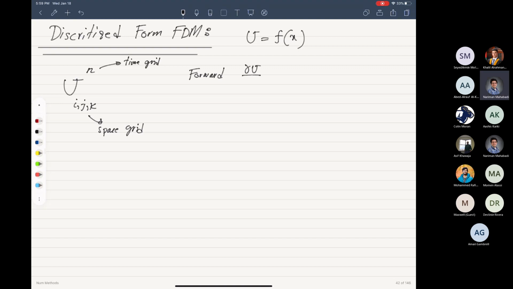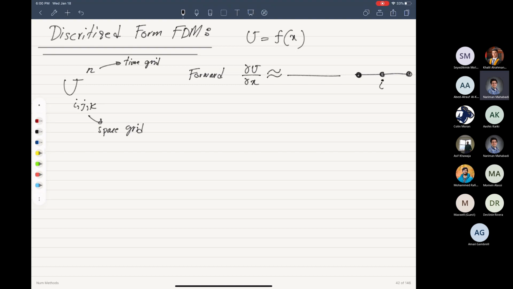So the forward FDM in the form of the discretized system, well, this is my derivation. My derivative of my unknown function with respect to x can be approximated by, and you give me the answer. What should I write here? So this is your grid, I'm talking about the x grid.